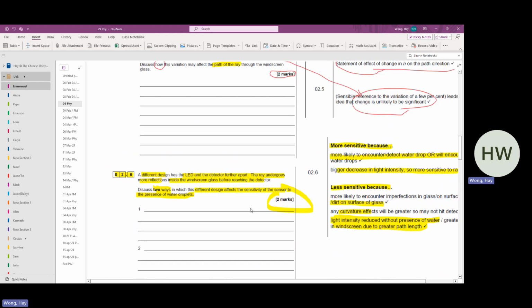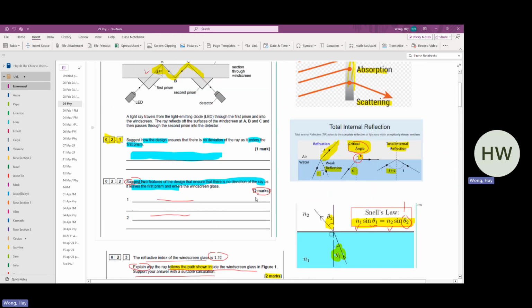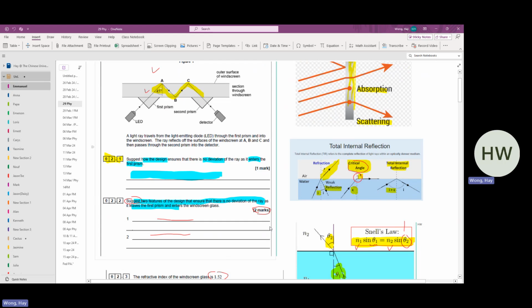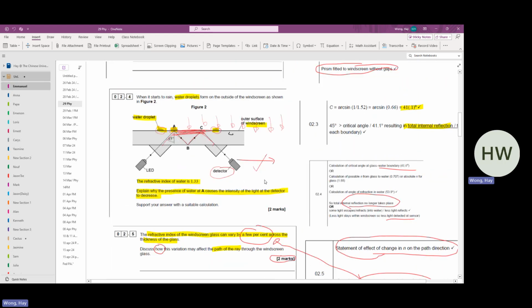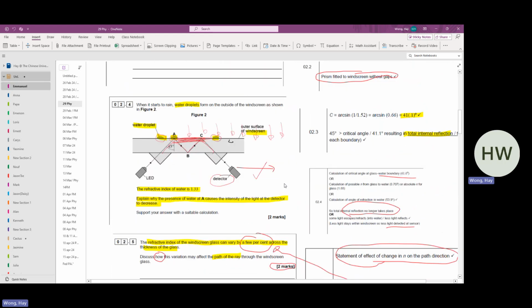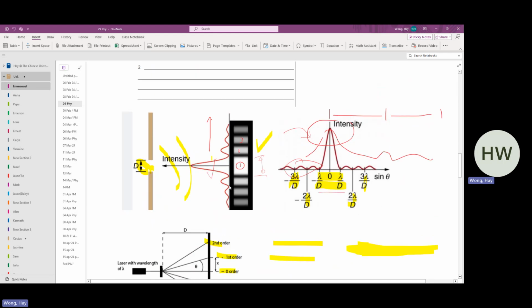As you can see, the whole question is broken down into multiple sections involving small marks, 2 marks, 1 mark, and so on. This is a very long question, but essentially they are trying to guide you through the whole thing. The absolute key focus of the question is the understanding of waves.